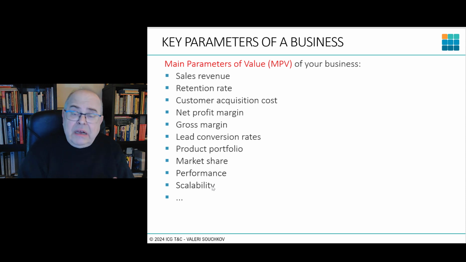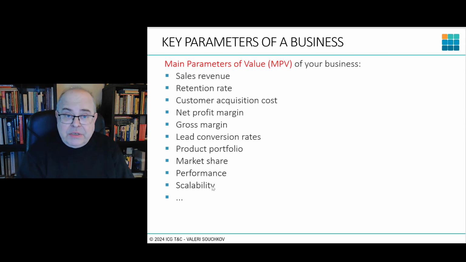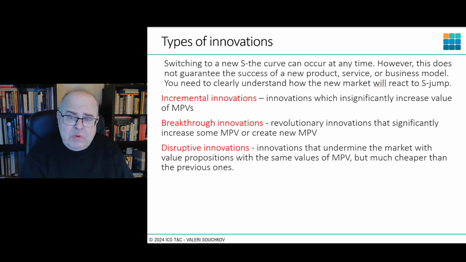So these are also measurable parameters, but they might go to aggregated parameters too. Like you can say that a company is friendly. Company services provide a high level of comfort, and so forth. Why not? You can compare two business companies by those aggregated MPVs as well.